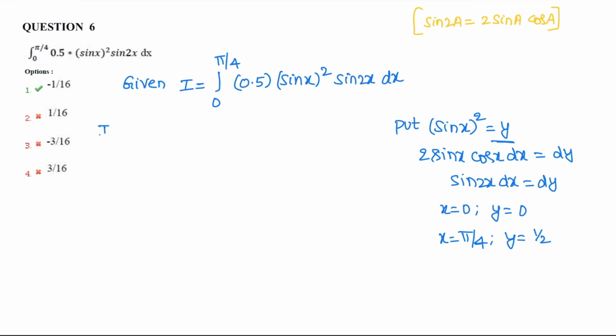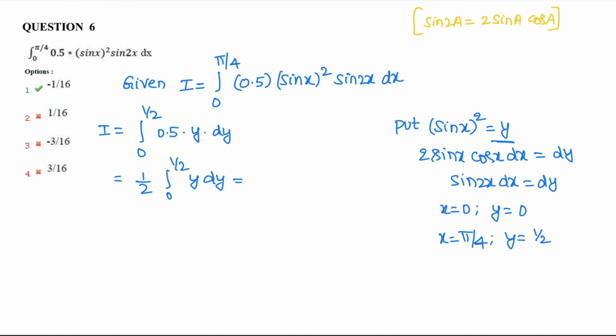Now the integral I becomes integral 0 to 1 by 2 0.5 sin x whole square, that is taken as y, sin 2x dx is dy. 1 by 2 integral 0 to 1 by 2 y dy.